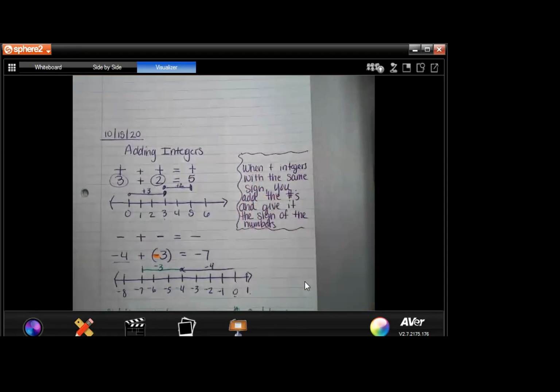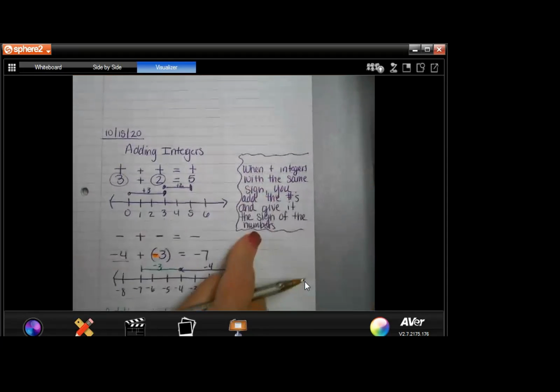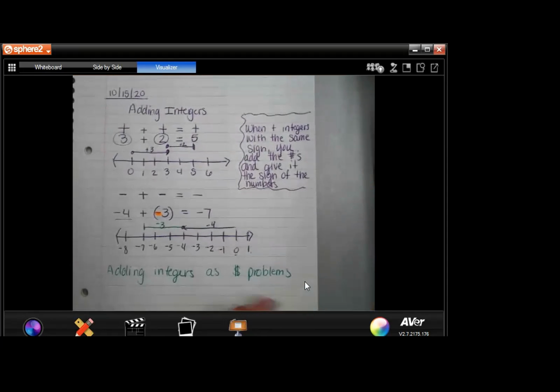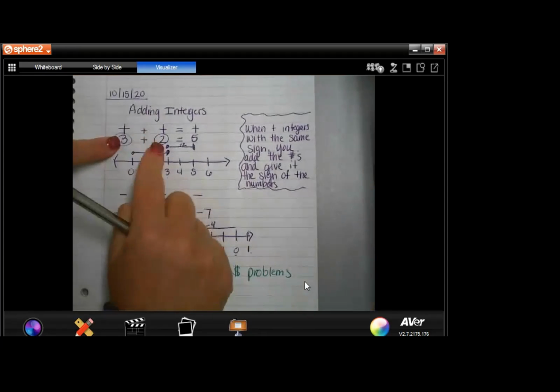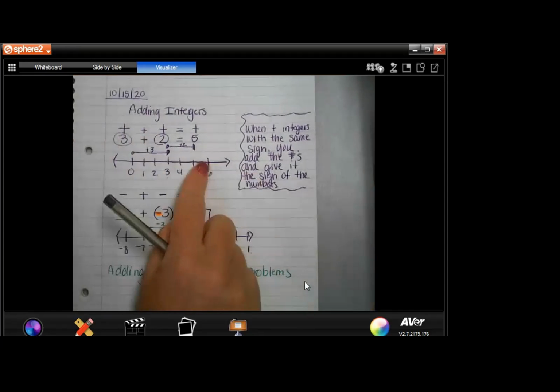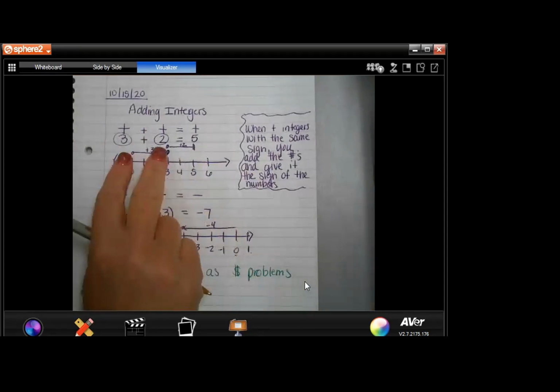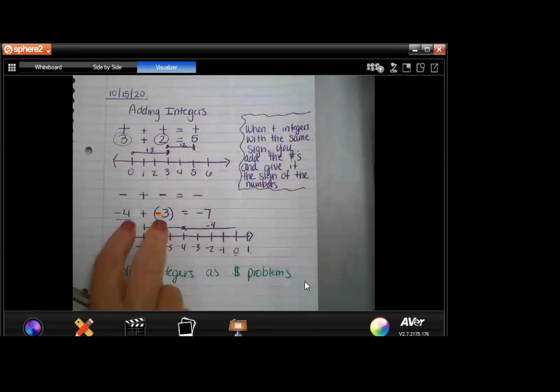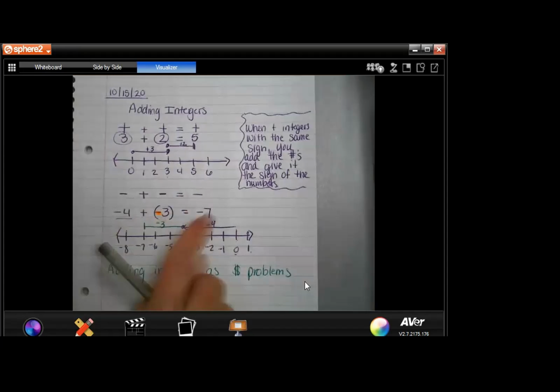Okay, so that is your rule. When you are adding numbers with the same sign, positive plus positive, you basically are going to add the numbers together and you're going to give it whatever those signs are. So since these are both positive, my sum is positive. Since these were both negative, I added 4 and 3. And since they're both negative, my answer's a negative.